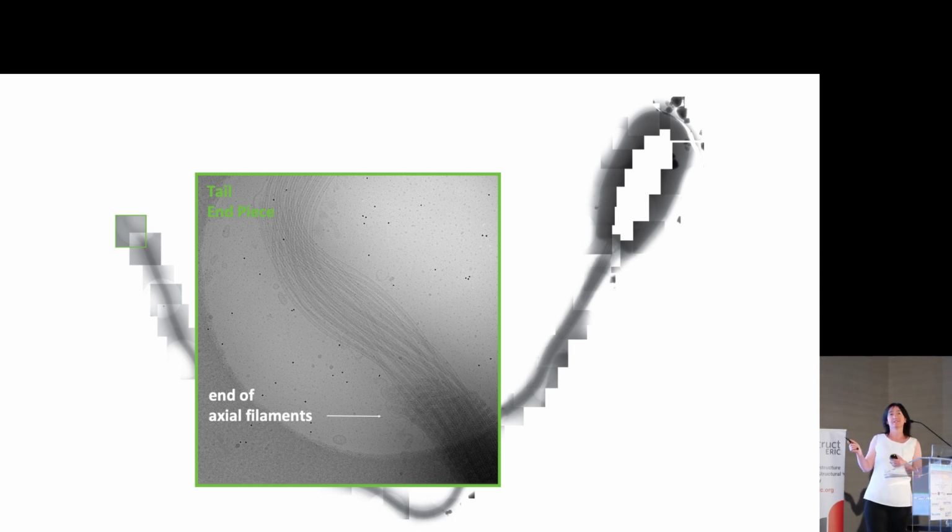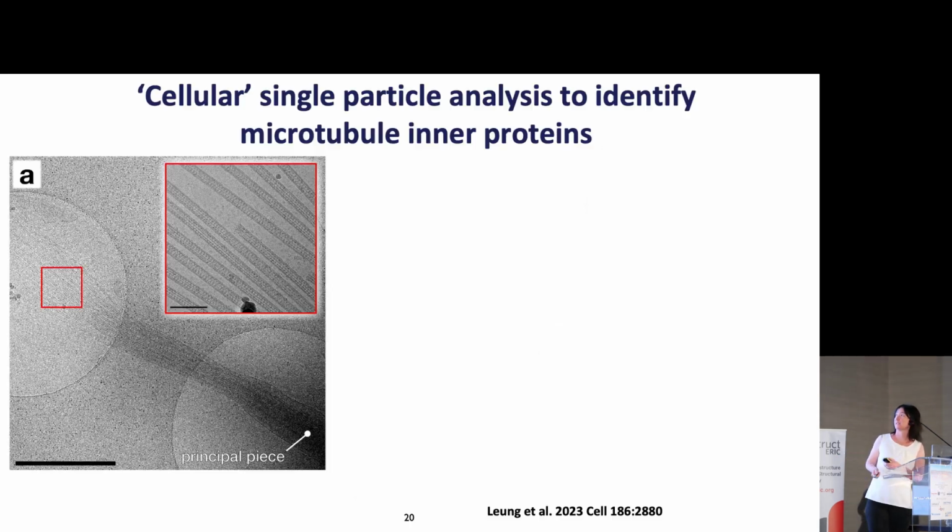But at some point we realized we can actually make use of this, because what you can see here is that now that the plasma membrane was lost, the microtubules spread. And when they spread and they are not overlapping, you no longer need the tomography, because then you can do single particle analysis. And that's exactly what Miguel in the group did.